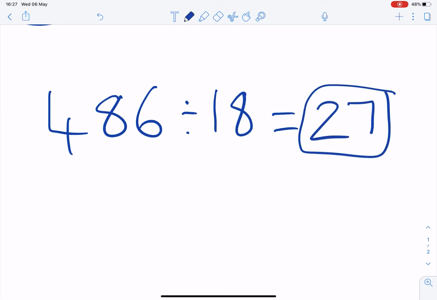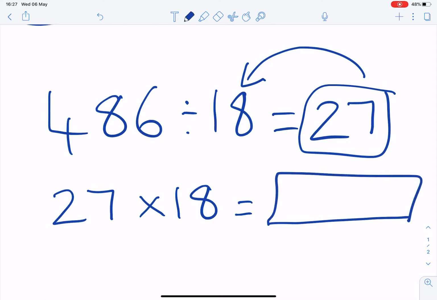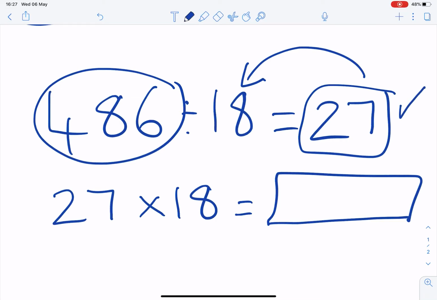How do we know that 27 is correct? We go backwards. We do the opposite, and the opposite of divide is times. So on your calculator, you will do 27 times 18, and hopefully you will get this answer. If you do, then this is correct. If you don't, then this is incorrect.